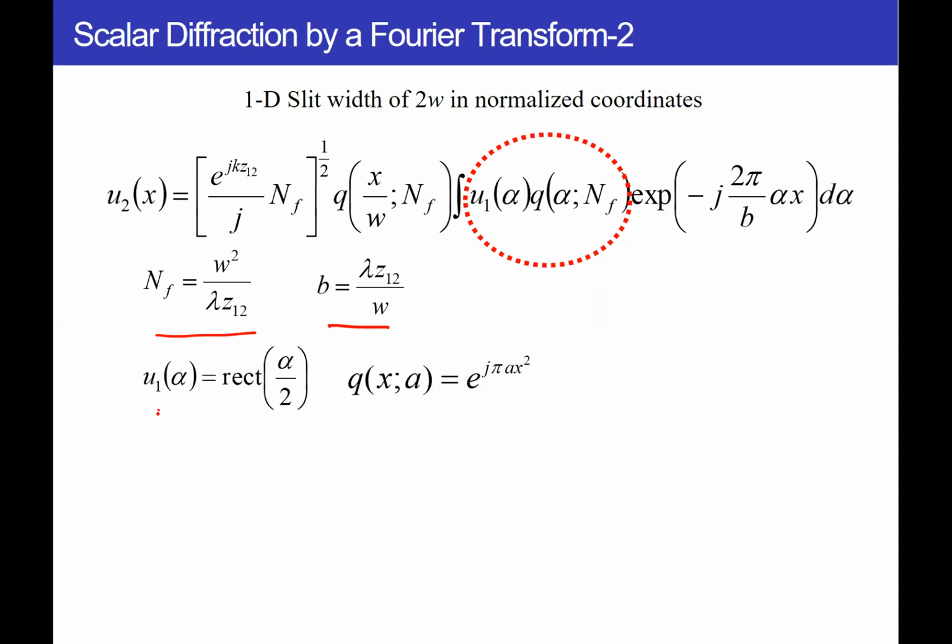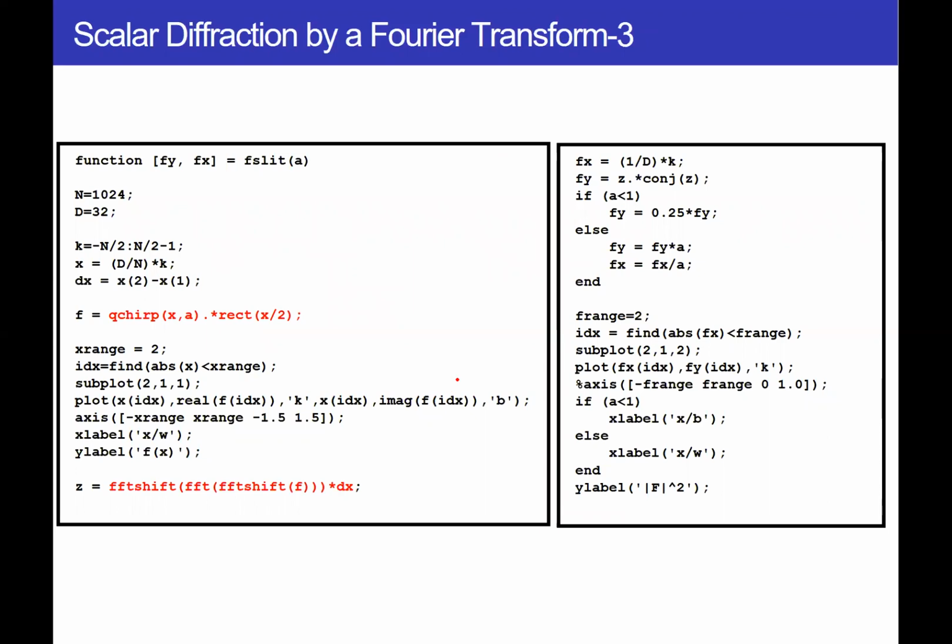So here we are going to think about a slit. So we are going to use a rectangular function. And then, of course, the quadratic phase is this one. Okay. And then here is the Fourier transformation method. So we start with this function, rectangular, which is the u(x) with the qchop function.